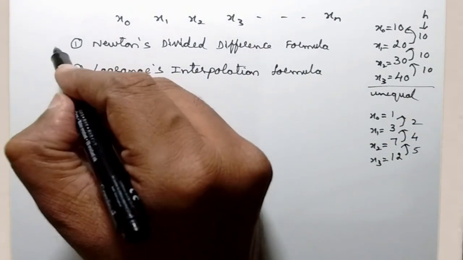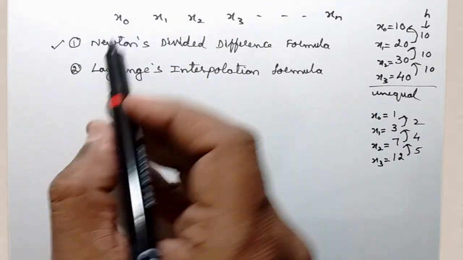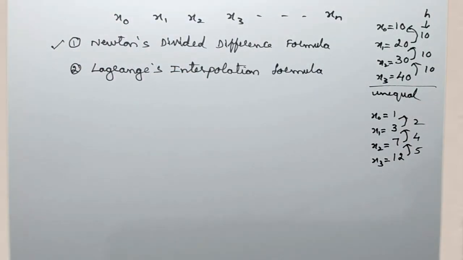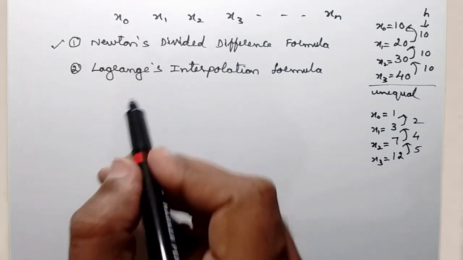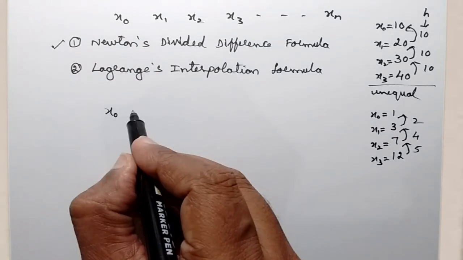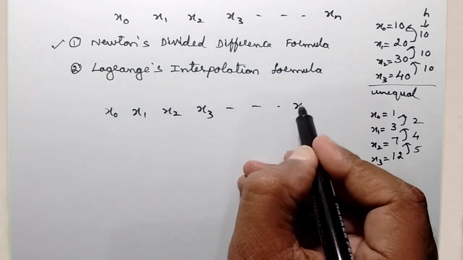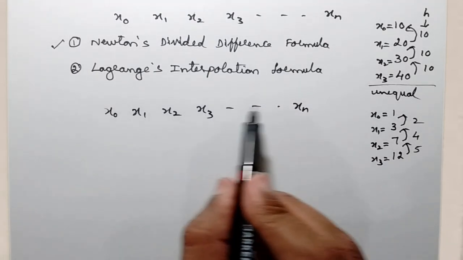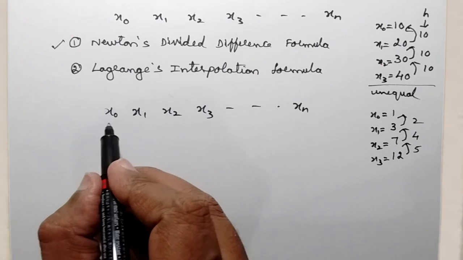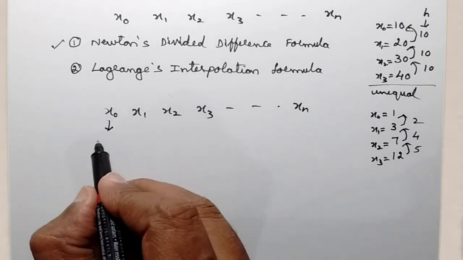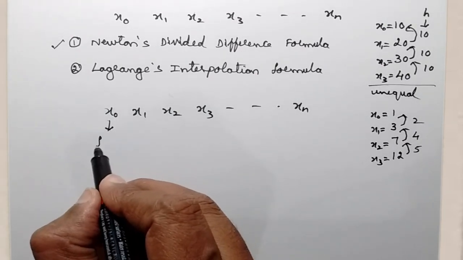First in this video we'll try to see Newton's divided difference formula. If the values of x are given, so you have x0, x1, x2, x3 and so on up to xn, placed at unequal intervals, the corresponding values of f you can find.